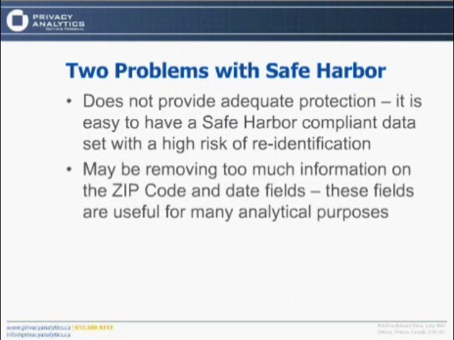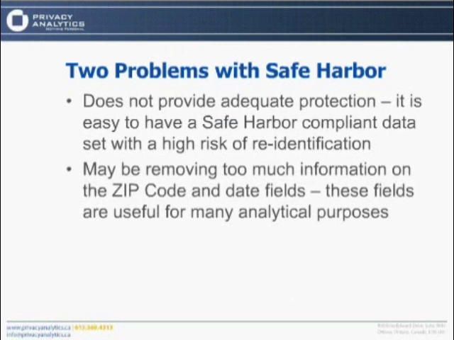Recall that I mentioned earlier that two fields in safe harbor were not usually considered direct identifiers: zip code and the dates. You don't want to remove too much detail on those two fields, because for analytics purposes these represent very important information.